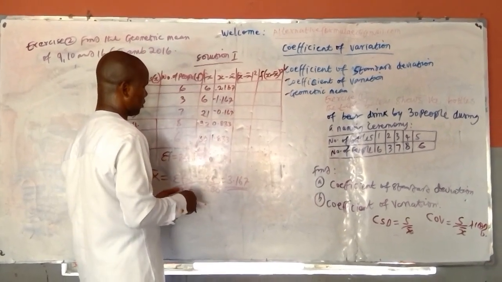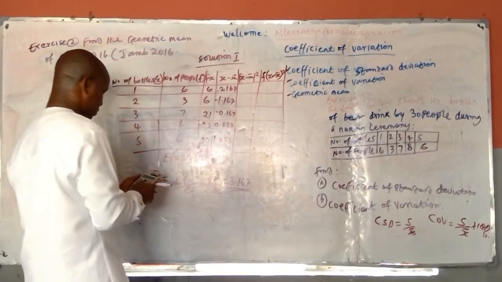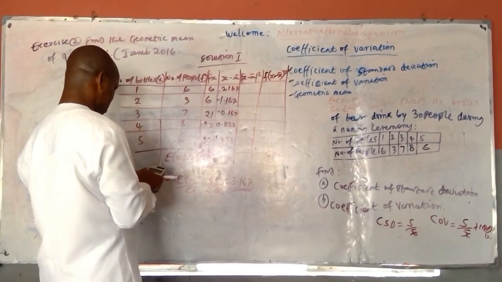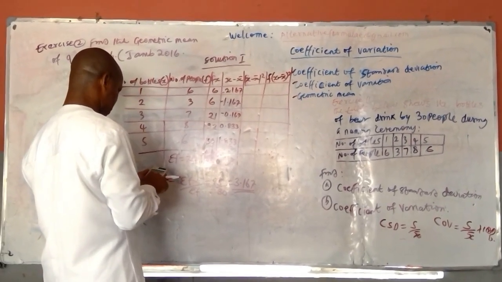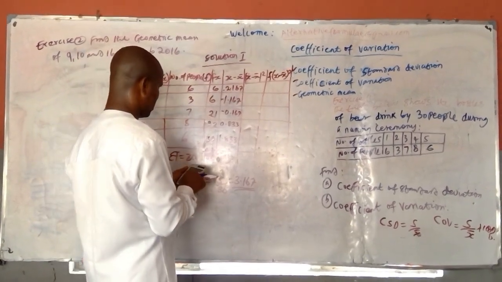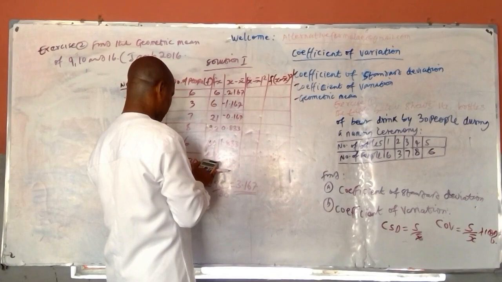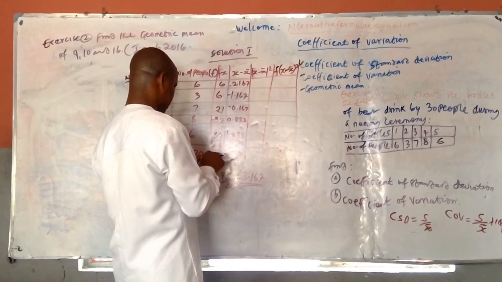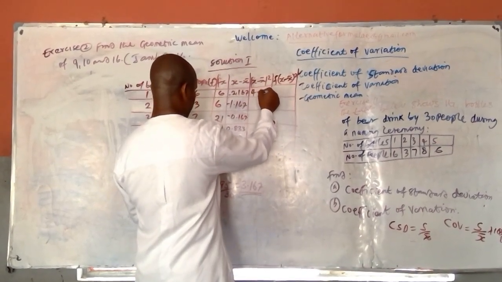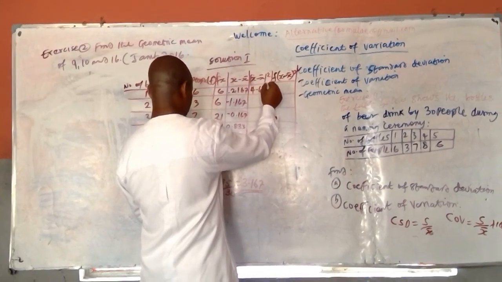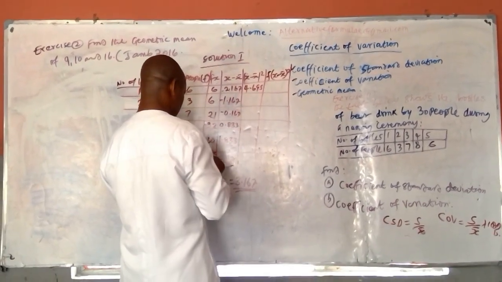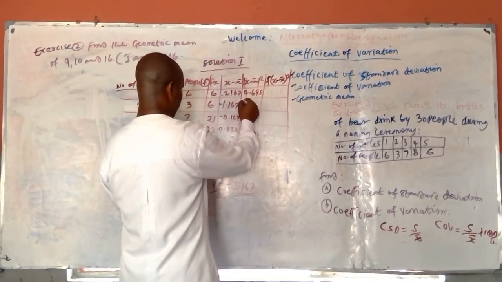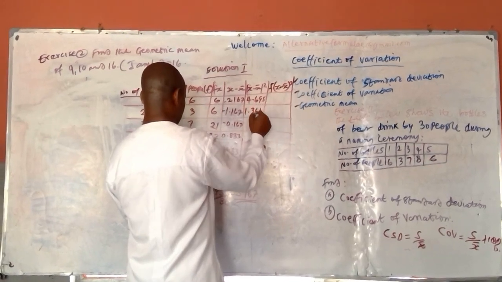So what to do next is to square the values. When you square them, this is what you will have. If you square 2.167, you have 4.695. I'm using 3 decimal places. Squaring 1.167, you have 1.361.